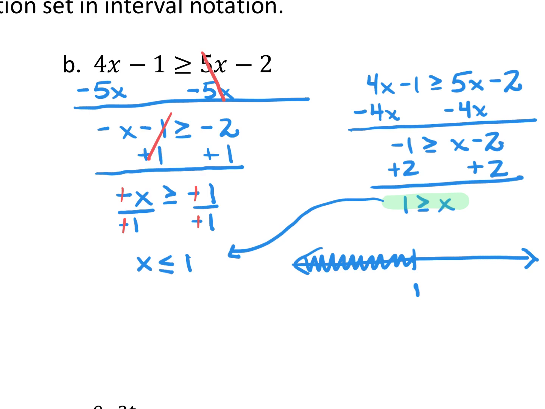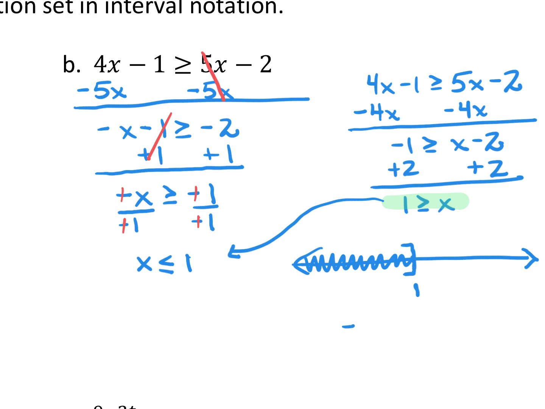All right, now we've shaded. We want to know what happens at 1, and so we do want a square bracket because it does say or equal to, and we want it opening towards the shading. All right, for our interval notation, how far to the left does this go?